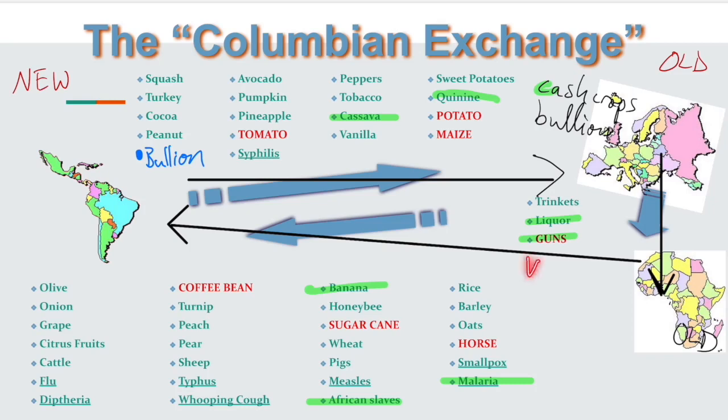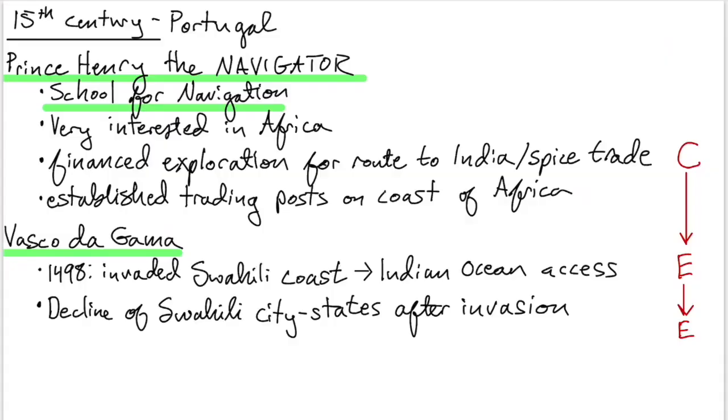So one of the explorers that Henry the Navigator, or at least the Portuguese, funded was Vasco da Gama. Remember that in 1498 he completed his route around the coast of Africa. But in addition to finding that route to the spice trade, to the Indian Ocean trade, he also invaded the Swahili coast.